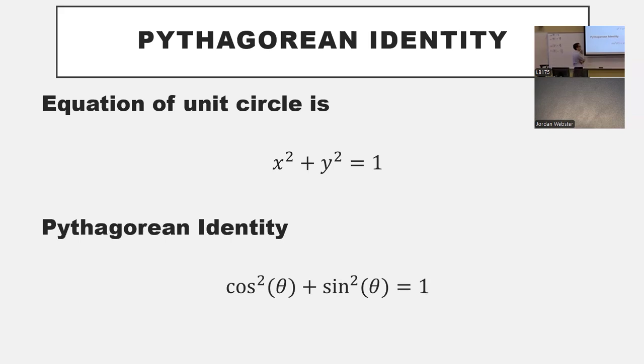Now we're going to use this Pythagorean identity a lot later on, but I wanted to point it out now that we have cosine and sine defined.